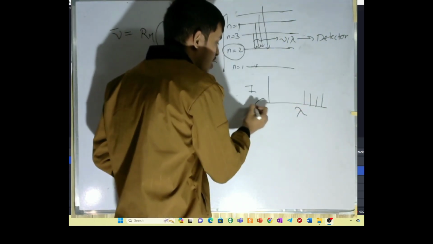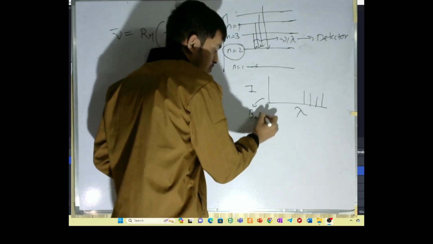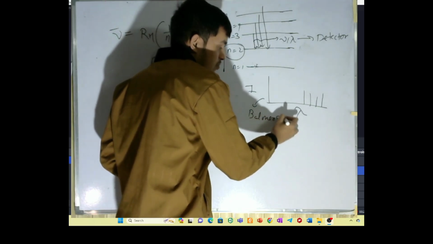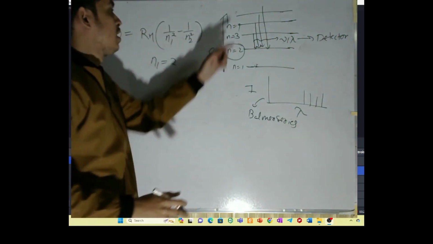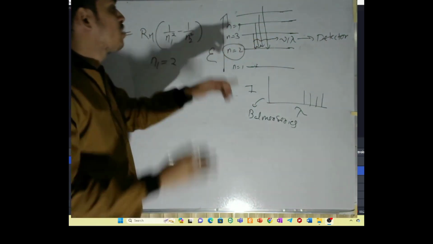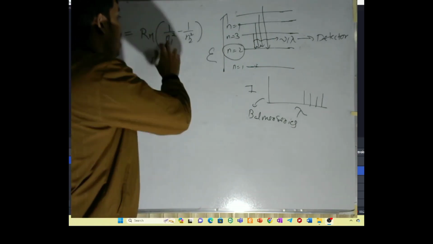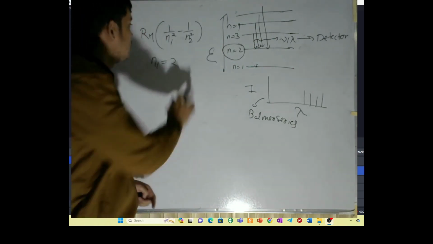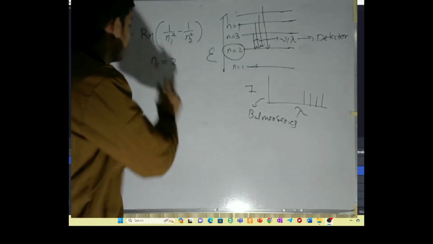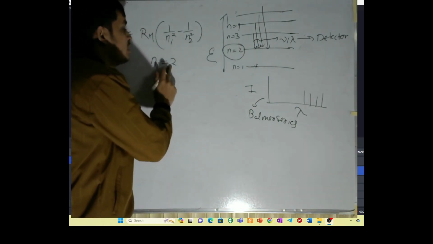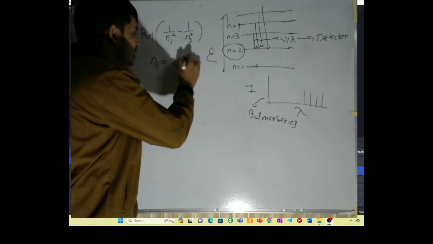This series is called the Balmer series, in which n2 can be anything, but n1 is fixed, that is, n1 will always be 2. So the first option, that n1 will always be 2, is the correct option.